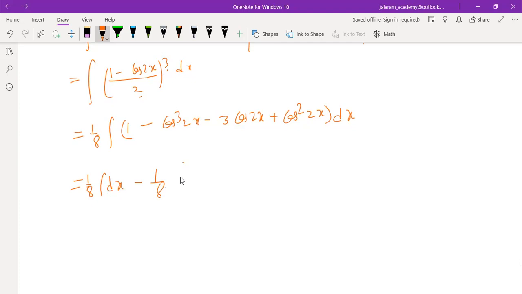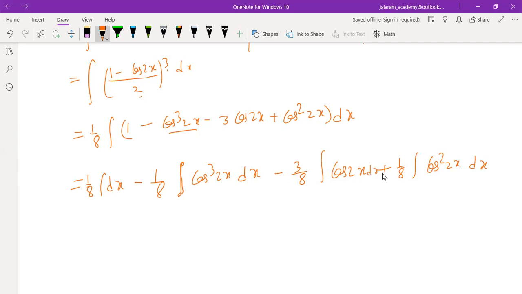minus 1 by 8 cos cube 2x dx, minus 3 by 8 integration of cos 2x plus 1 by 8 integration of cos square 2x dx.